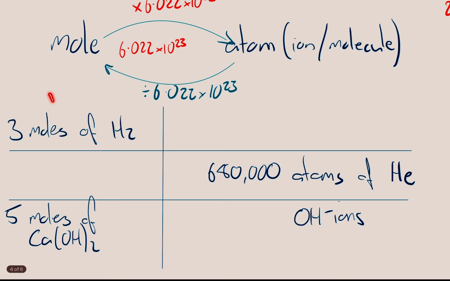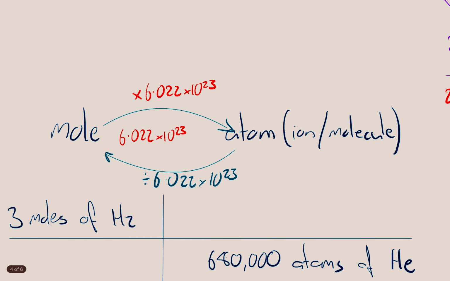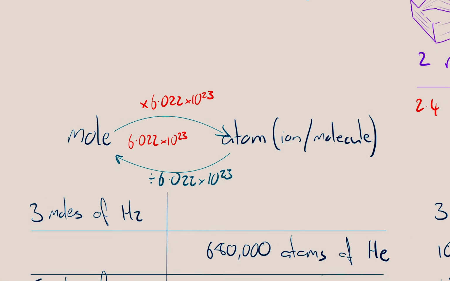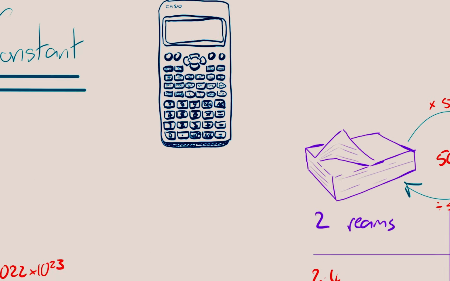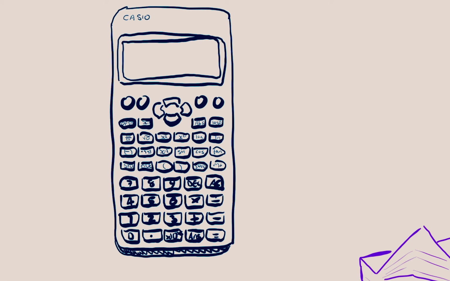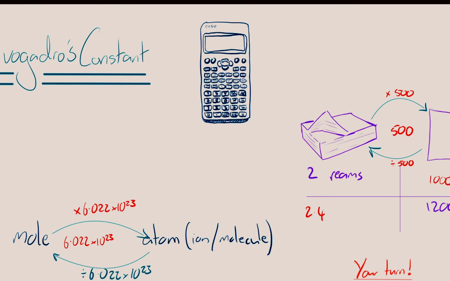So this time we've got 3 moles of hydrogen. We're going to work out how many molecules of hydrogen there are. So there, it's worth us thinking about our calculator here. All we're going to do is our 3 multiplied by 6.022 times 10, so this bit, to the 23, right?